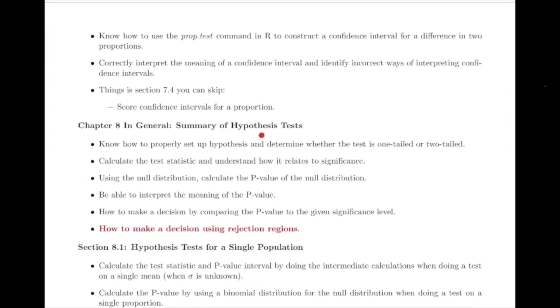But as far as hypothesis tests go, just know the general setup, which is how we state the hypotheses. We spent a lot of time practicing that. How we can calculate the test statistic, what the test statistic tells us, how we can find p-values from the test statistic and make a decision based on that p-value. And now we can also throw in how to find the rejection region and make a decision based on the rejection region.